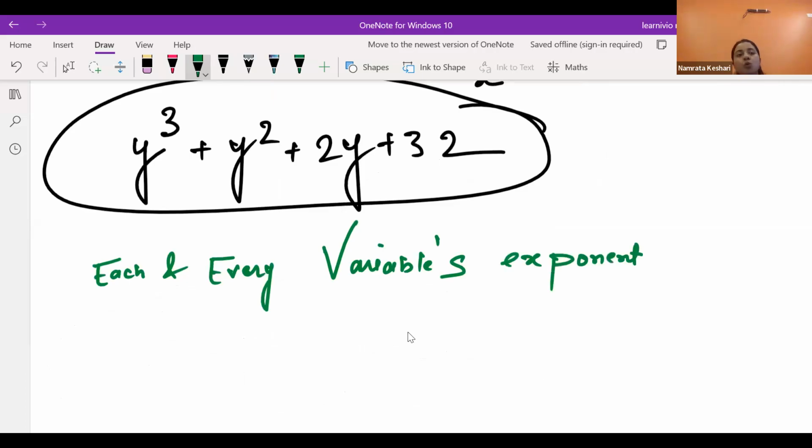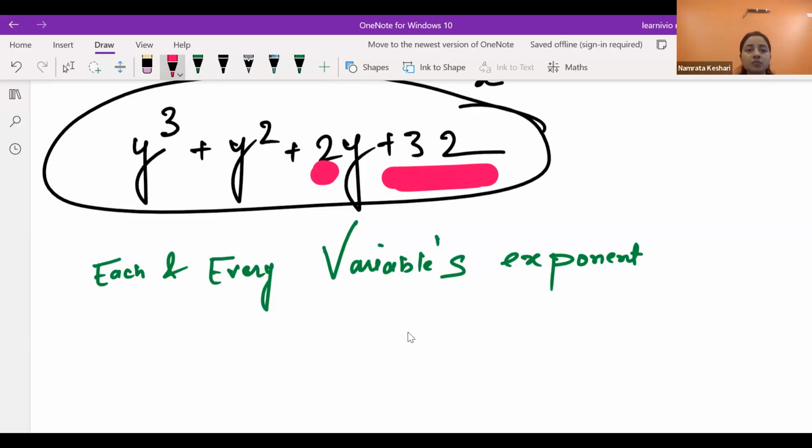So first we will check only one type of variable must be involved, and then we will check what are the exponents of these variables. Again I am repeating what I am trying to say. We are checking the power of the variable, not the power of the number. Here you can clearly see 32 is sitting over here, I'm not going to focus on that. Or maybe 2 you can see over here, I'm not going to focus on that. We will be focusing on the variable's exponent.